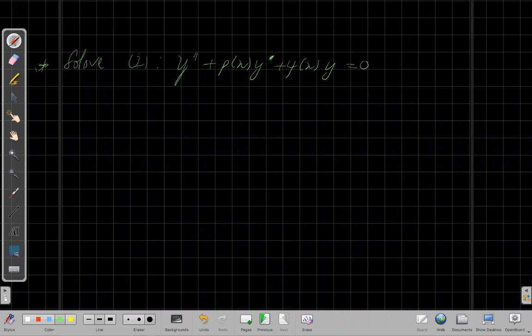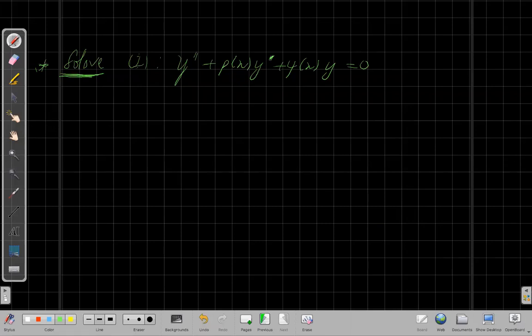We have to solve this to find the solution. Before diving into solving this equation, we will discuss some characteristics of this equation.